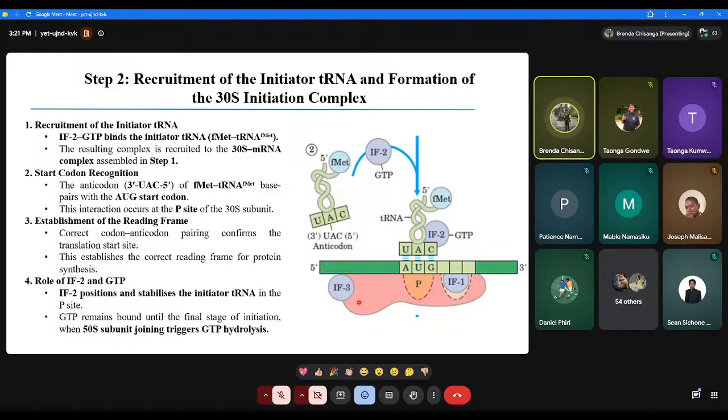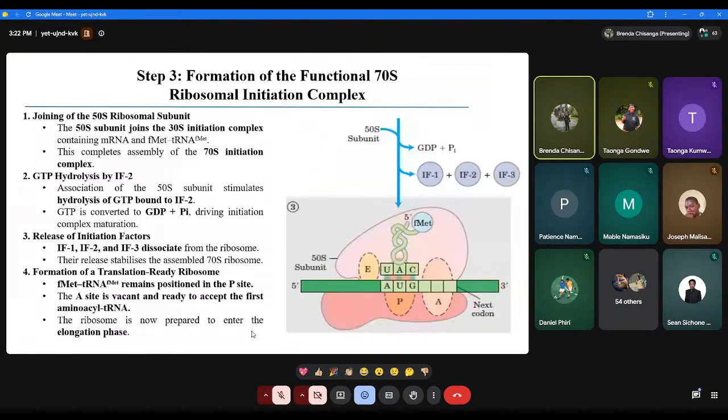In addition to that, the small subunit at this point is not going to stably associate with the large subunit because of the instability caused by IF3. This allows for the mRNA to be well positioned in the P site as well as the incorporation of the fMet in the P site. Of course, these are notes for you to read and so on.